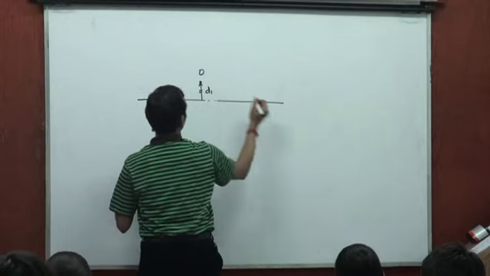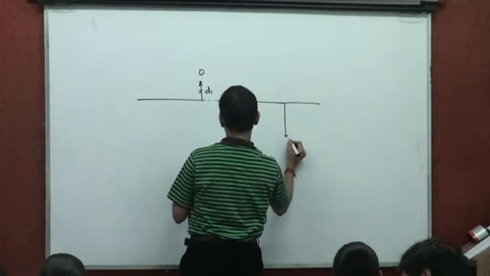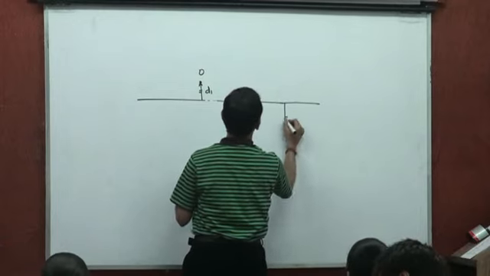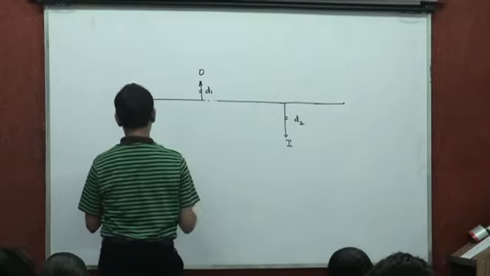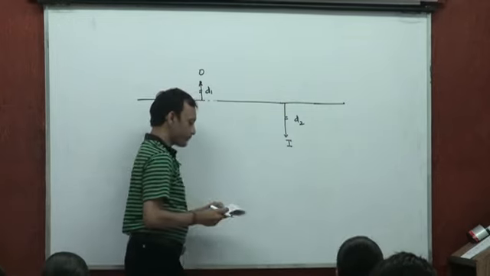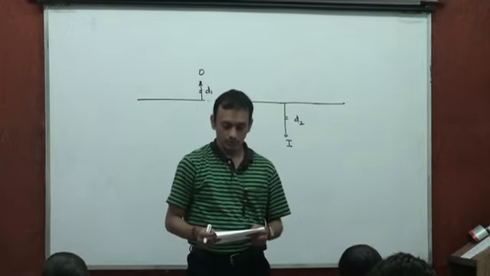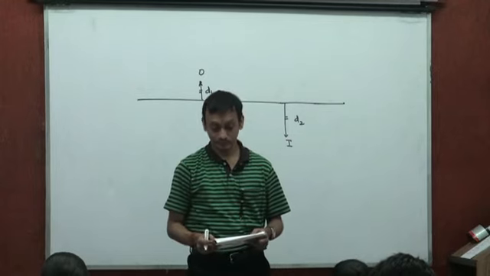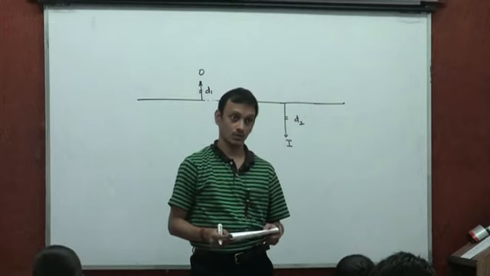This is the object O. Image I. D2 is greater than D1. And the image is magnified because D2 is greater than D1.